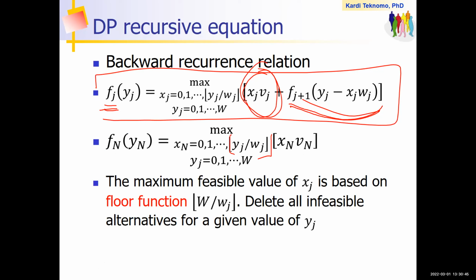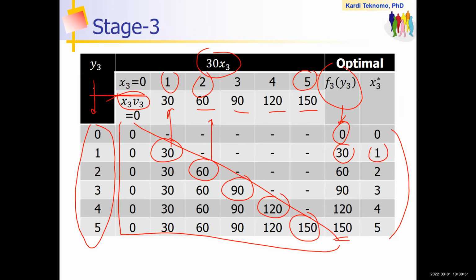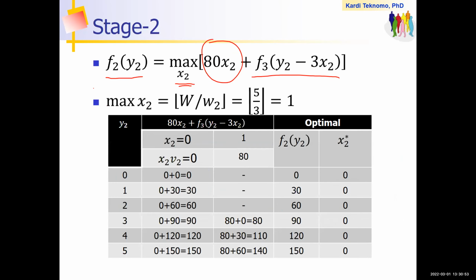So then we can use again Yj minus Xj Wj. Yeah, so this is what we use. Yj is 2, this is also X2.